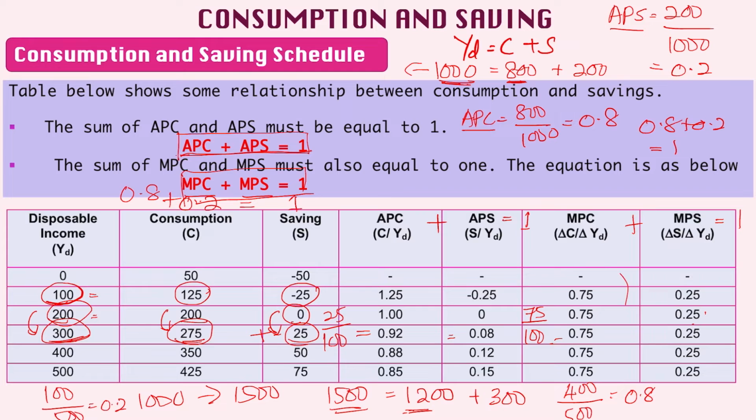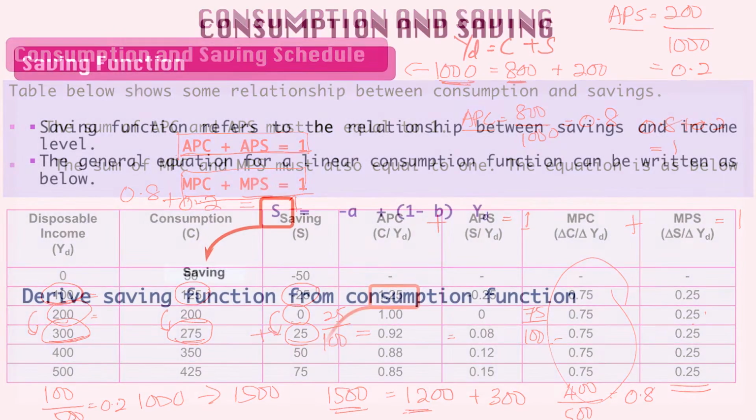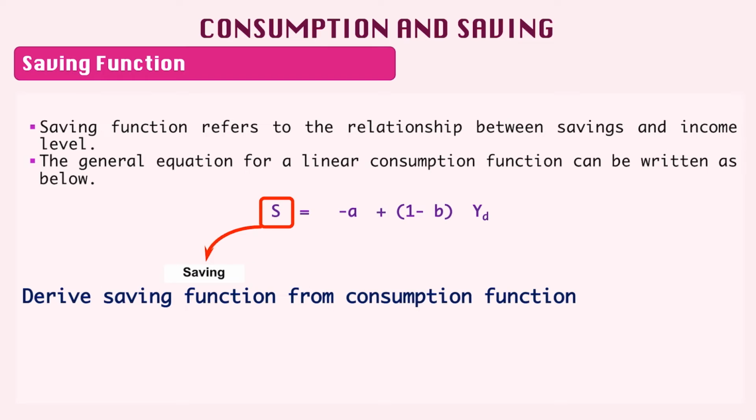MPC is the slope of the consumption curve, and MPS is also the slope of the saving curve. So let's look at the saving function. Before this, we looked at the consumption function, which is C equals A plus BYD. The saving function, similar to consumption, is the relationship between saving and income level.